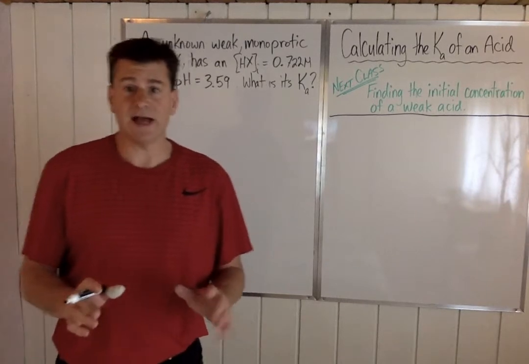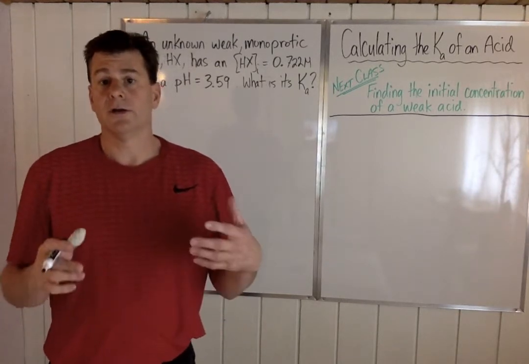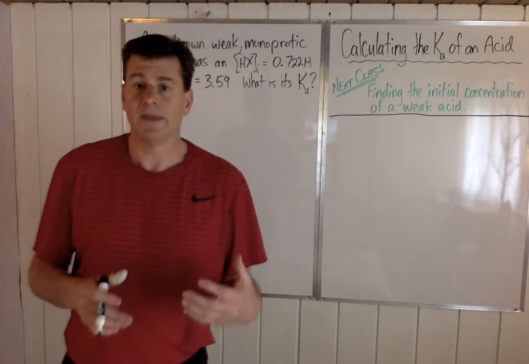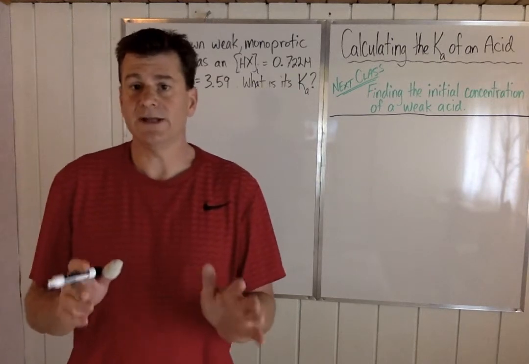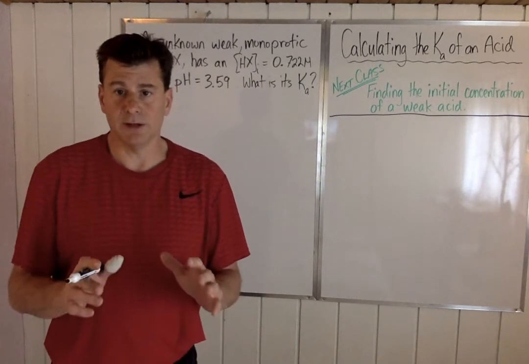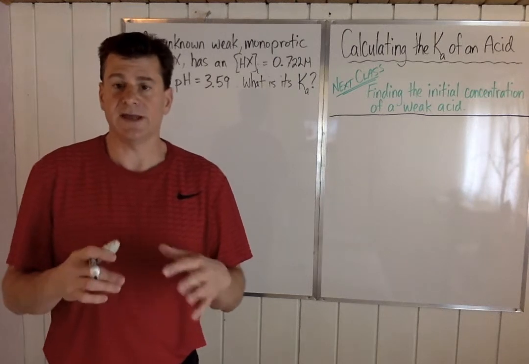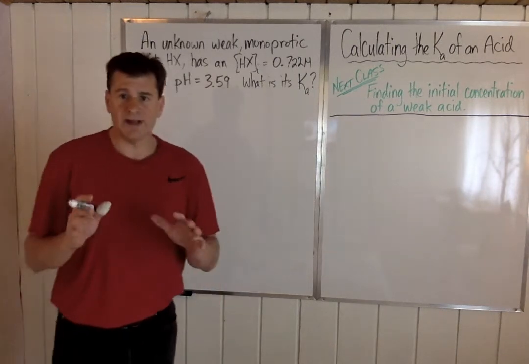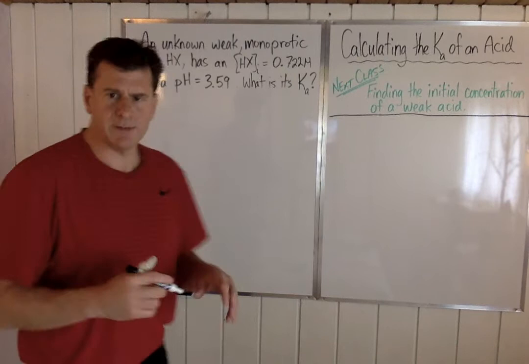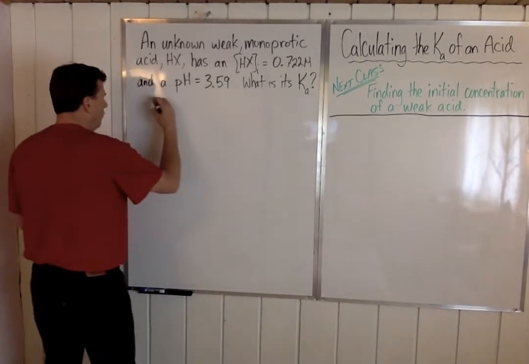So a monoprotic acid in water has a pH of 3.59. So the first thing I'm going to do is write down a generic equilibrium equation for this, and then an IRE table. I'm going to write it a little bit small because I'm going to need quite a bit of room here on the board.